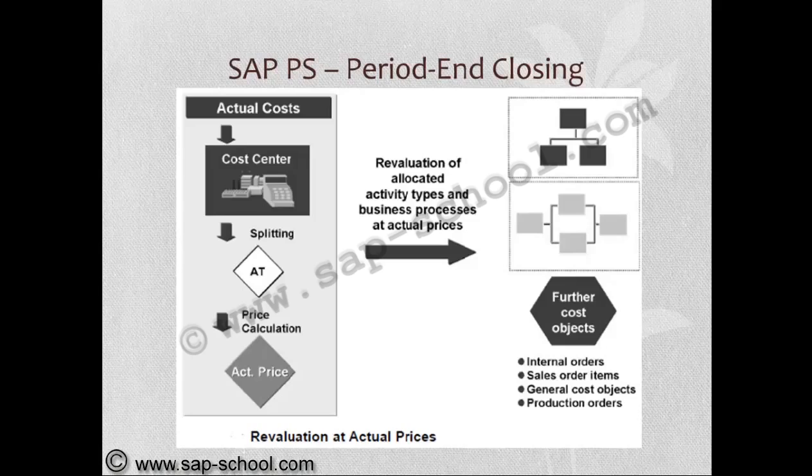So revaluation at actual price consists of the cost center splitting to price calculation, actual pricing. So if we consider the other objects: internal orders, sales order items, general cost objects, production orders.